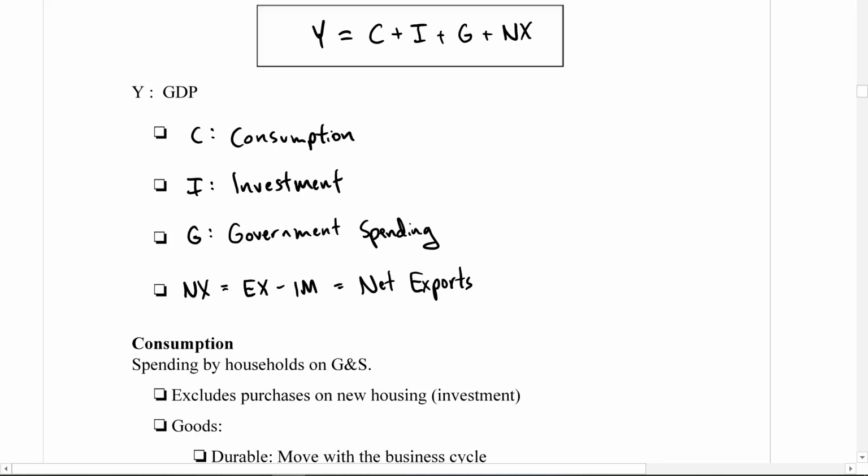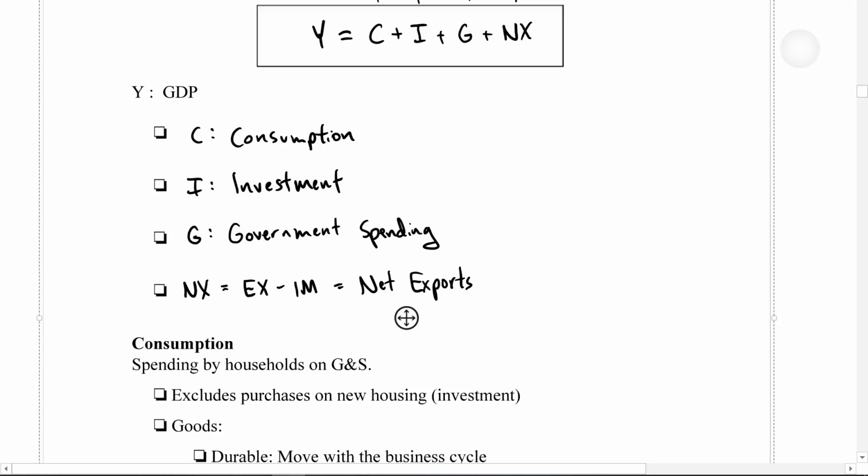Ultimately, once we start talking about policy later on, whether it's fiscal policy through Congress or monetary policy through the Federal Reserve System, central banking system, in order to stimulate the economy and also to stimulate economic growth, we're going to be thinking about in what ways can we increase these variables.